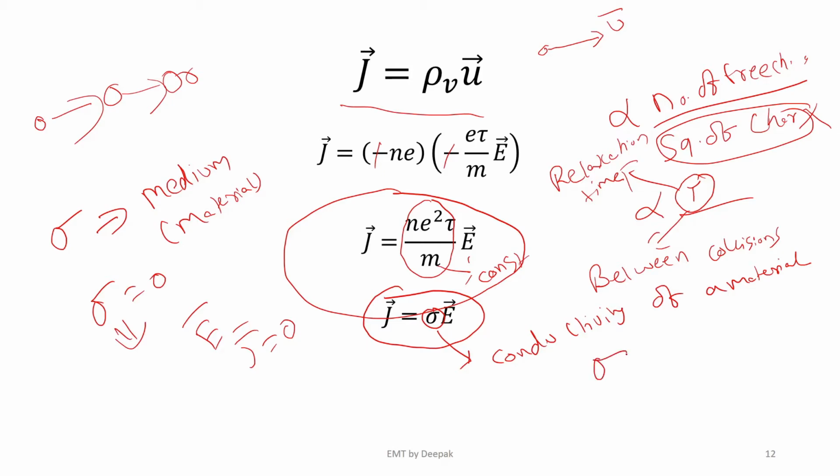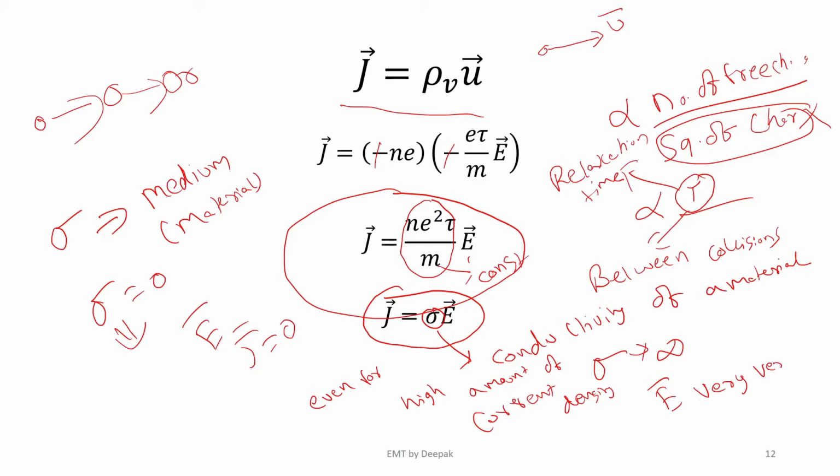If sigma equals infinity, that means even for a high amount of current density, the electric field intensity required is very, very low.